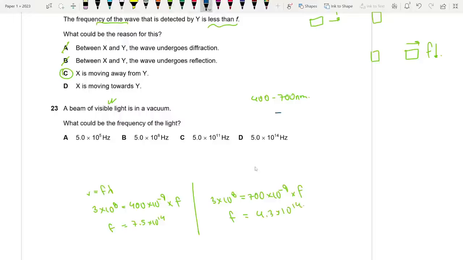So basically it is from 7.5 into 10 to the power 14 to 4.3 into 10 to the power 14. Sorry, it has been reversed because wavelength and frequency are inversely related. So it's in the 10 to the power 14 range. So clearly, the answer is D, because it is in the 10 to the power 14 range. Okay, that's the answer.